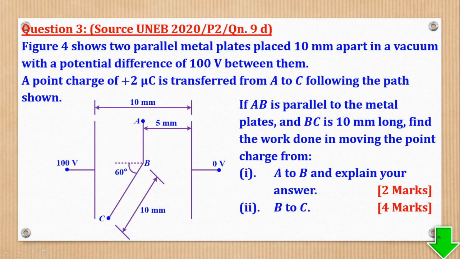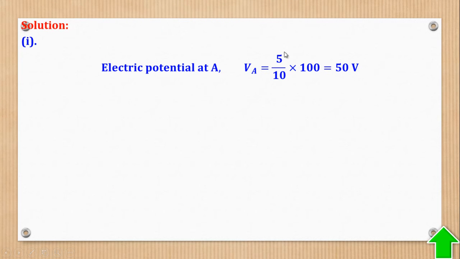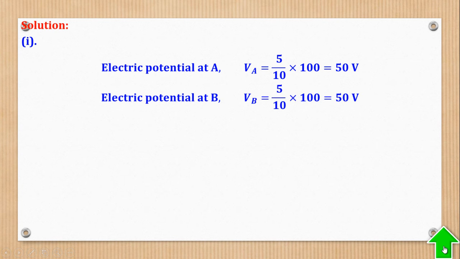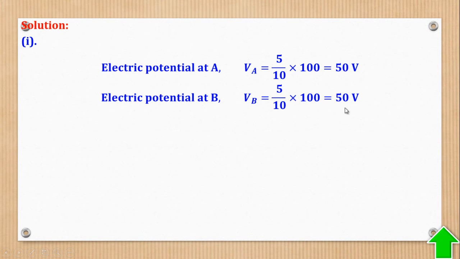That is why you see here we are saying potential at A is 5 over 10 times 100, which is 50. And the same applies to B because they said it is parallel, meaning that the distance from here to here is the same distance from here up to here, which is 5. So both are at a potential of 50 volts.